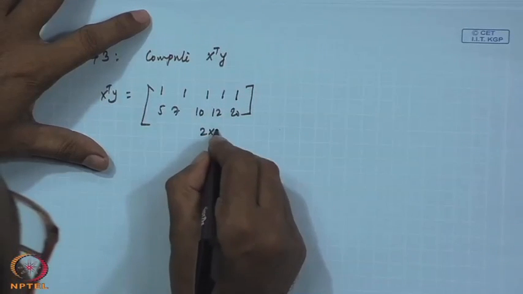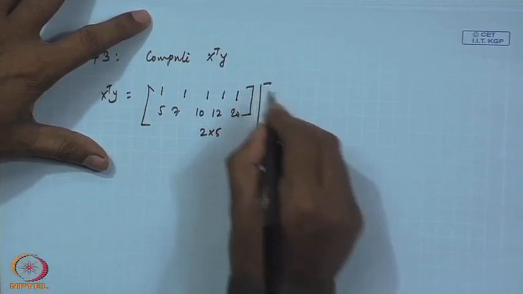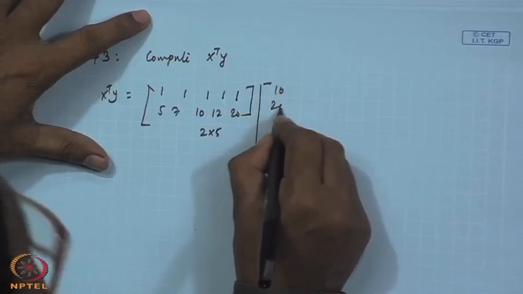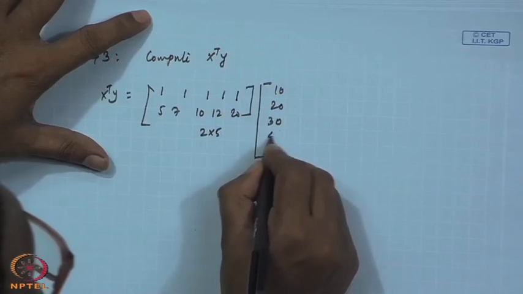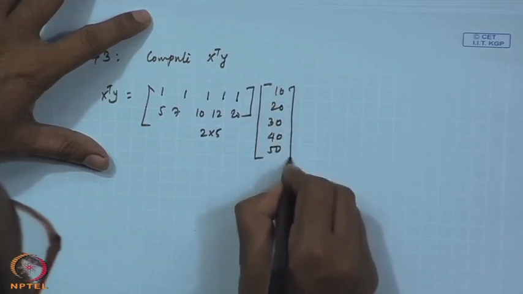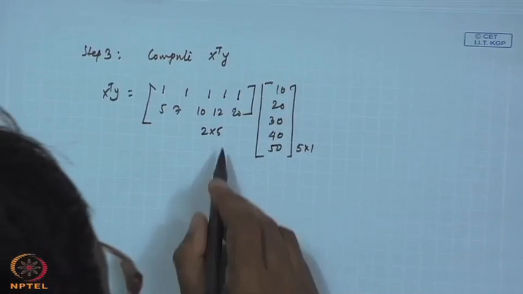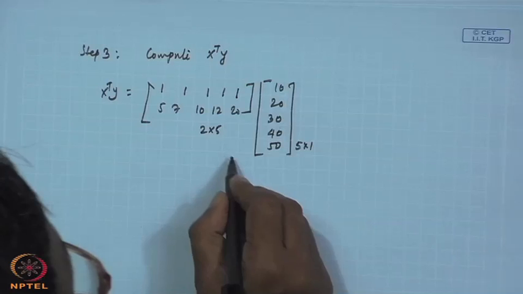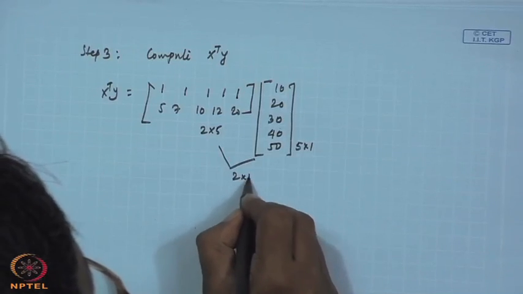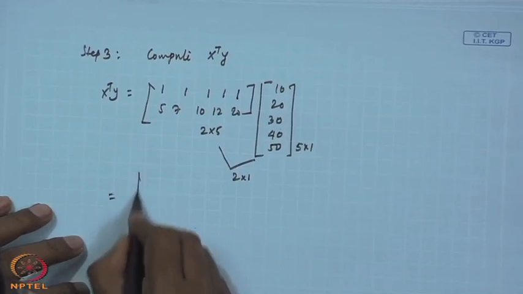This is my 2 cross 5 into 5 cross 1, which is 10, 20, 30, 40 and 50. So this is 5 cross 1. The resultant will be 2 cross 1.